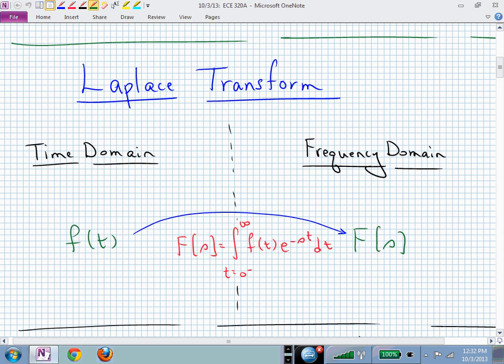But I want you to get comfortable with time domain and frequency domain. We're dealing in the 2 domains, and I want you to get comfortable going back and forth between those. In this class, those 2 domains are related to each other by the Laplace transform, which is indicated in red.